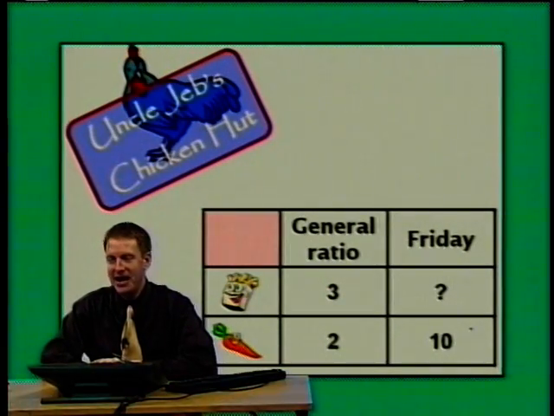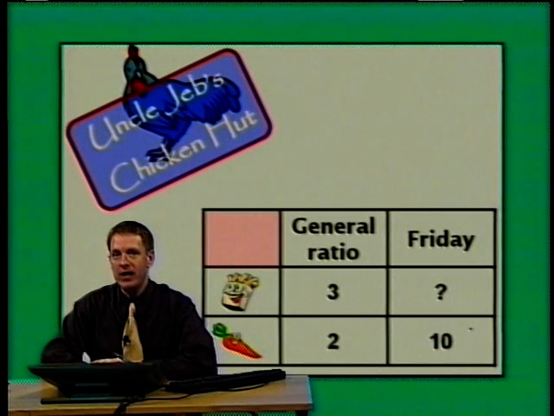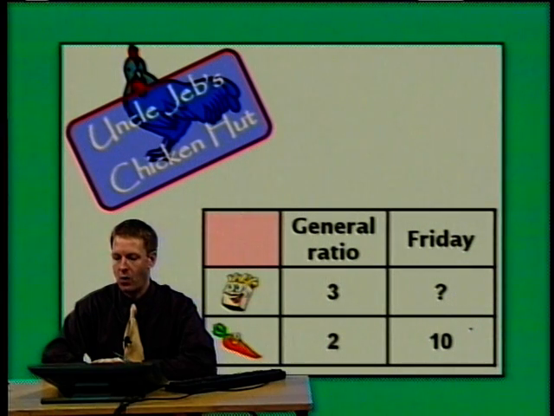So, in our general ratio, for every 3 fry orders, there's 2 carrot stick orders. On Friday, we don't know how many fry orders there were, but we know that there were 10 carrot stick orders. See how I've organized this in my table? So what I need to do is define a variable to be the number of fry orders on Friday.